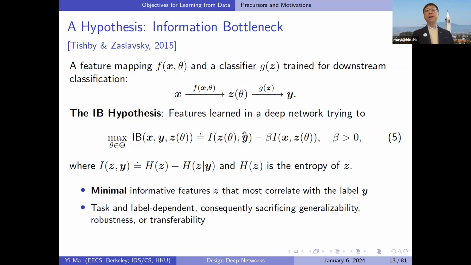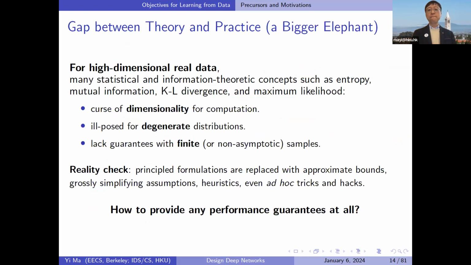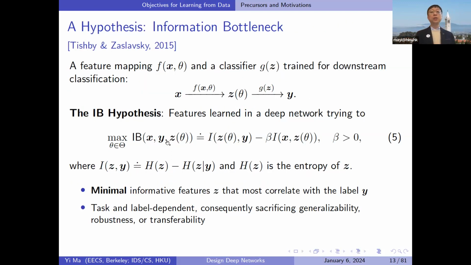So maximize the mutual information between Z and Y, and minimize the mutual information between Z and X. It's sort of an information bottleneck framework. Basically, maybe the network is trying to extract the most relevant information that can predict the label.